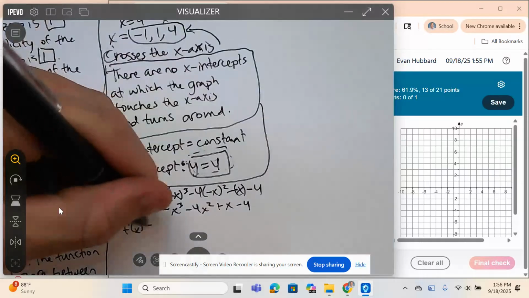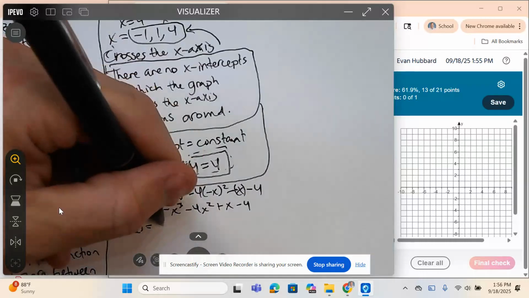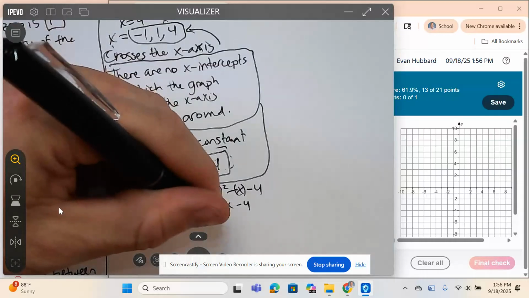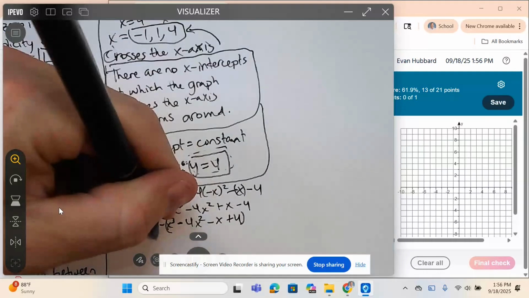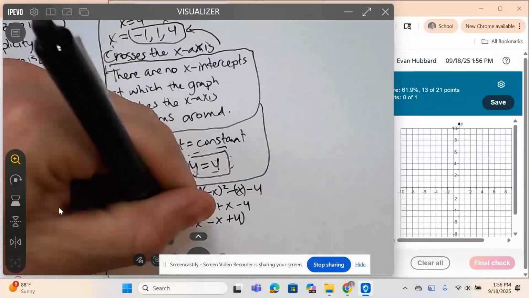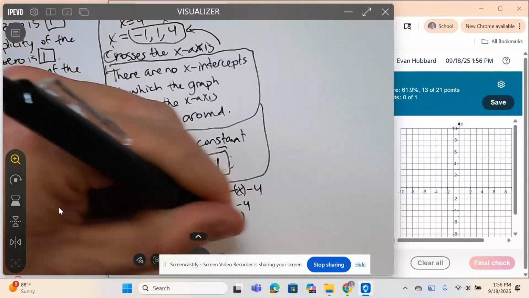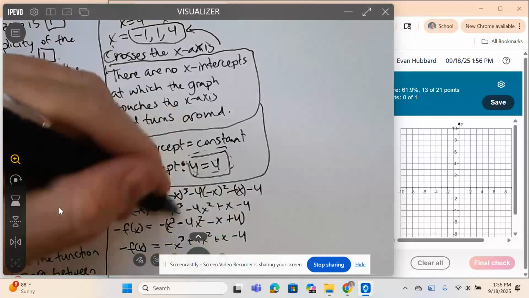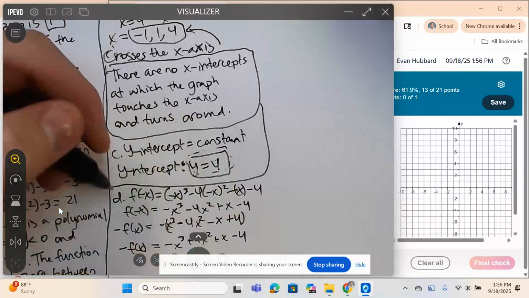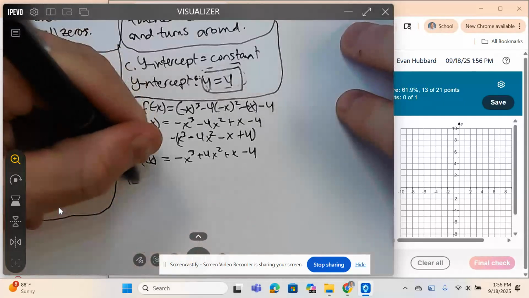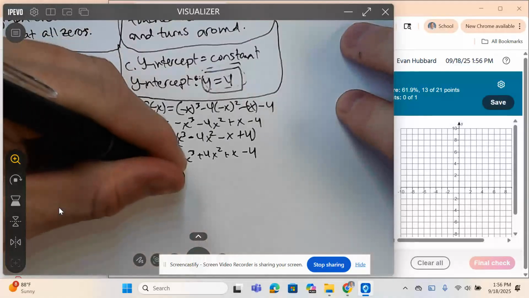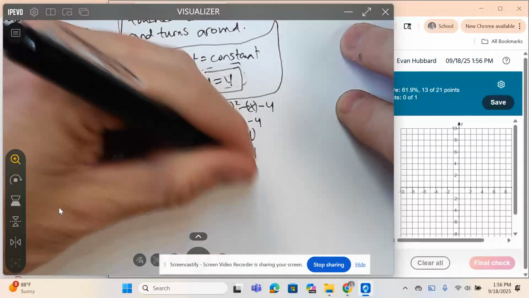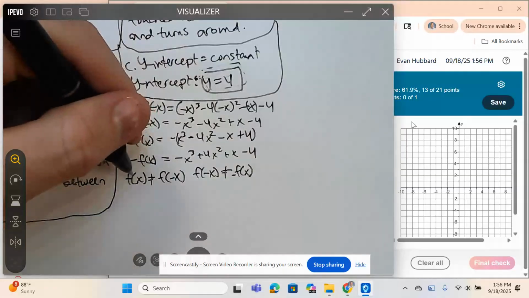Negative f of x is equal to the negative of all this, so it'd be negative x cubed plus 4x squared plus x minus 4. These two are not the same. So f of x does not equal f of negative x, and f of negative x does not equal negative f of x, so that would be neither.